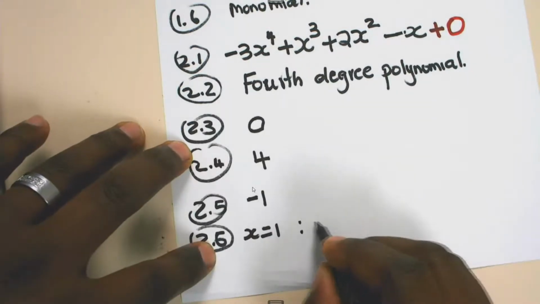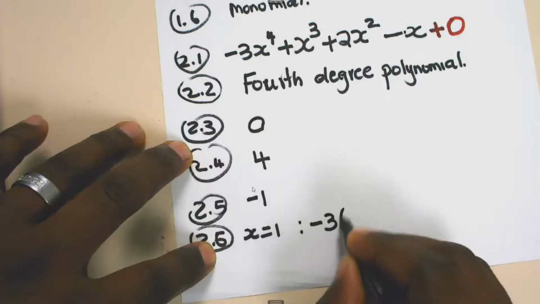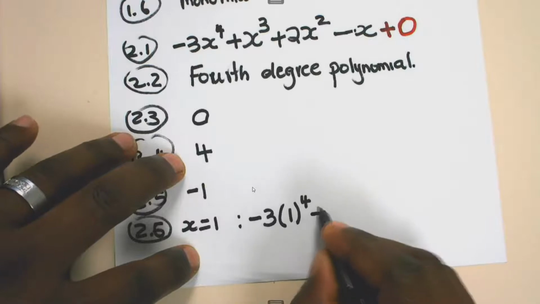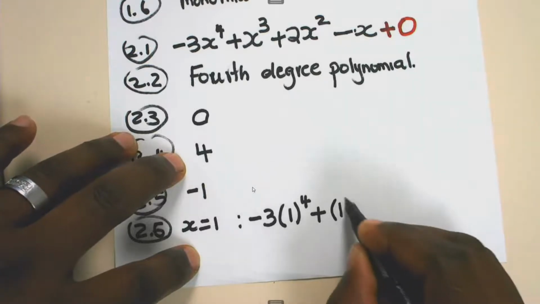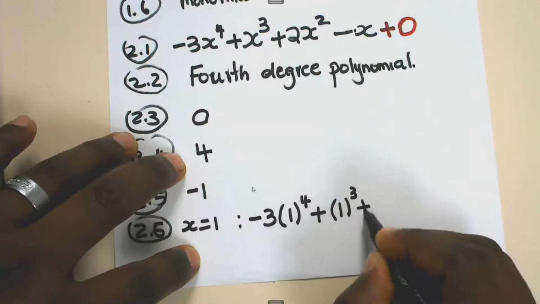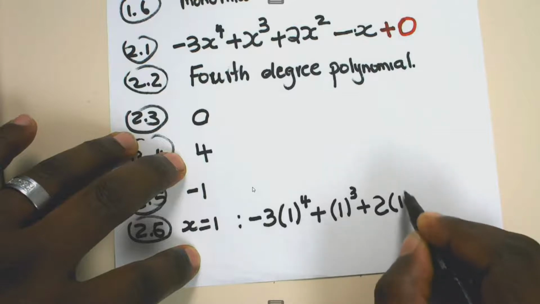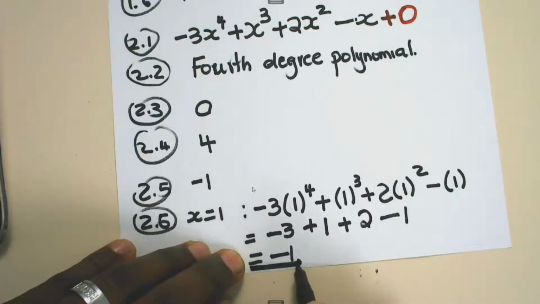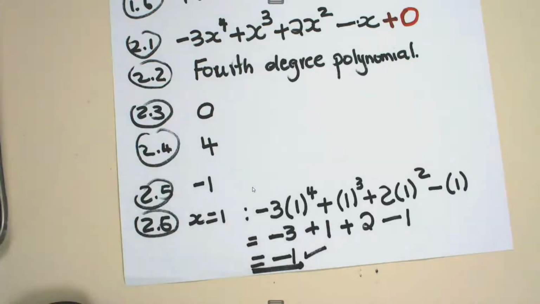Therefore, the expression will be -3 times 1 to exponent 4, plus 1 to exponent 3, plus 2 times 1 to exponent 2, minus 1. Can you see that? So the value of this expression is going to be 1. All right. Is that fine?